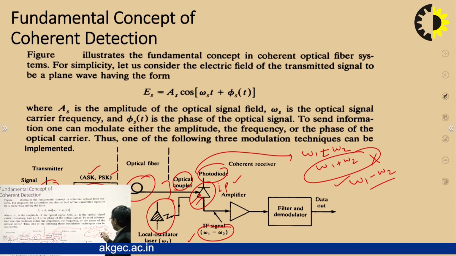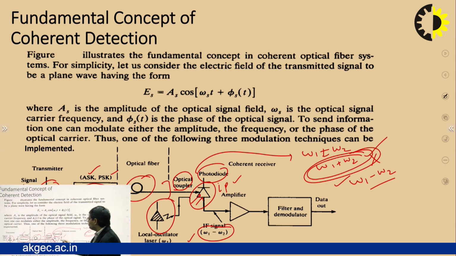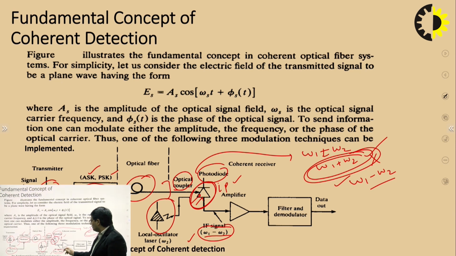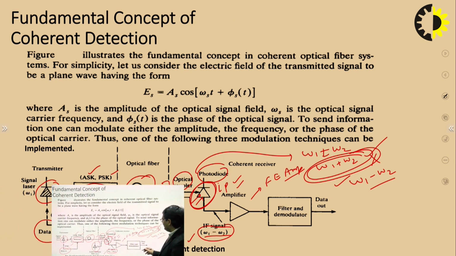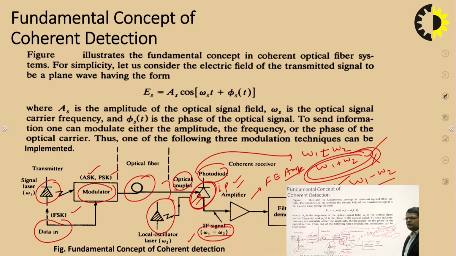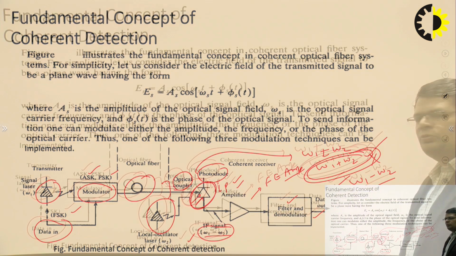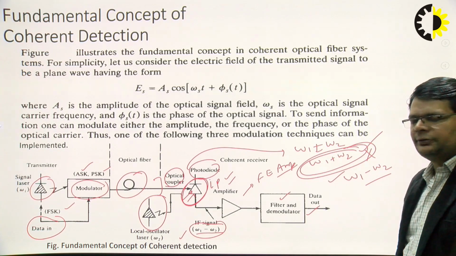If we use W1 plus W2, it is beyond the processing capability or range of the photodiode. So we use only the difference intermediate frequency signal. Then this photocurrent may be weak. To amplify that, we use a front end amplifier. And finally, to remove the noise, we use a filter, and demodulation is performed to obtain the output data.